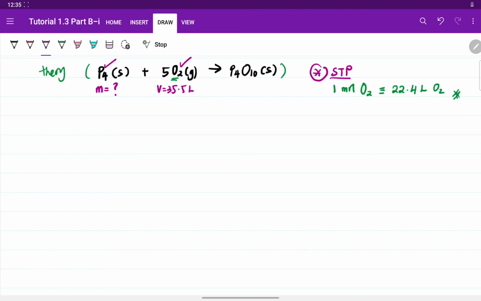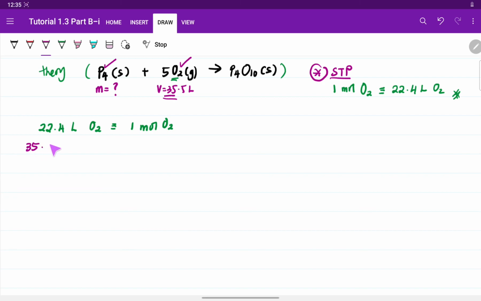So, apa yang awak akan tulis? First, since saya bagi tahu tadi, yang kita nak cari adalah number of mole of oxygen, yang nak cari letak sebelah kanan. So kita rearrange sikit equation ni. Saya akan tulis sebagai 22.4 liter of oxygen adalah bersamaan dengan 1 mole of oxygen. Kita ada daripada eksperimen berapa? 35.5.